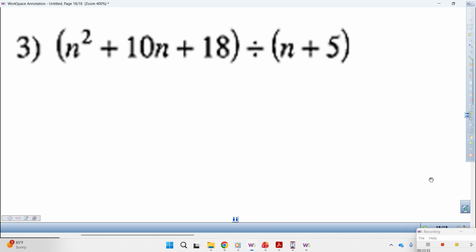All right. Hands if you got it. All right, correct answer. Let me see. N plus 5 plus negative 7 over n plus 5.